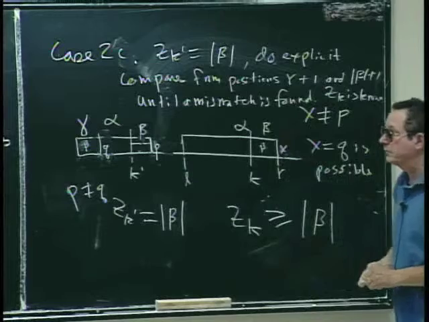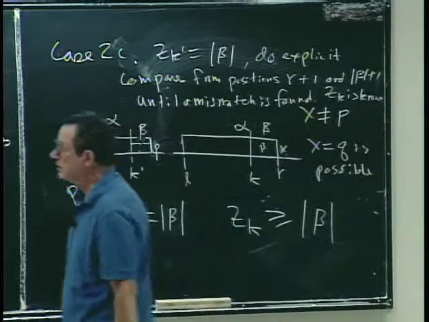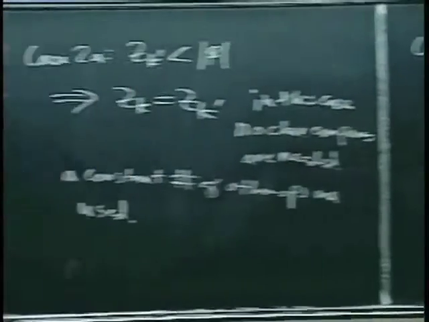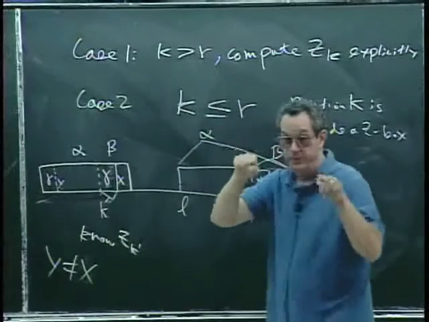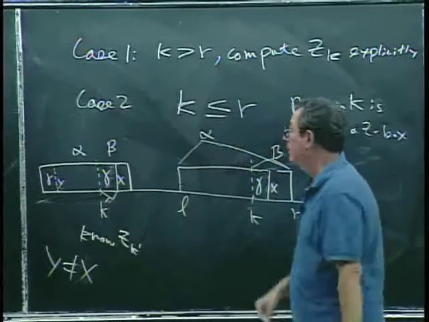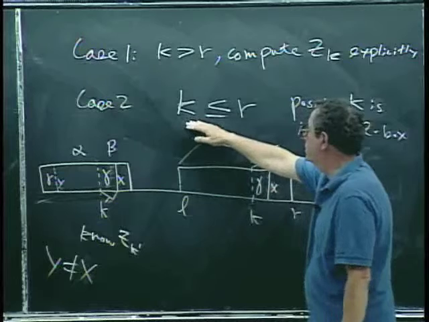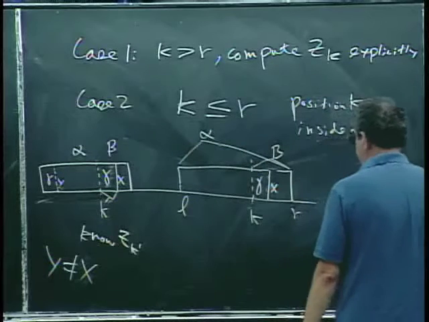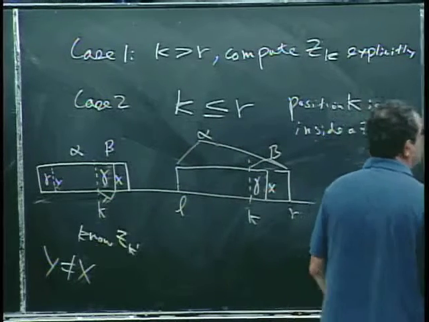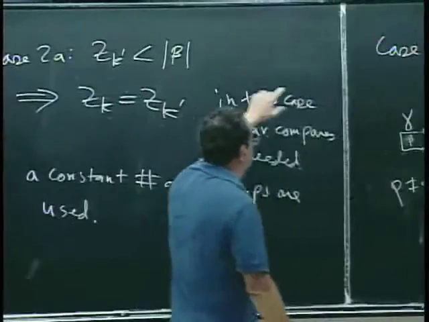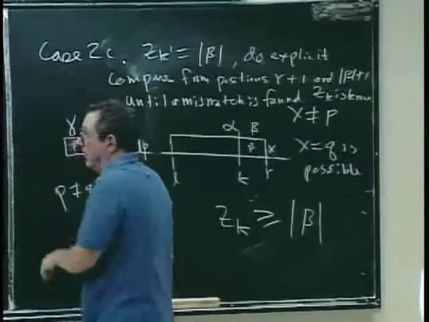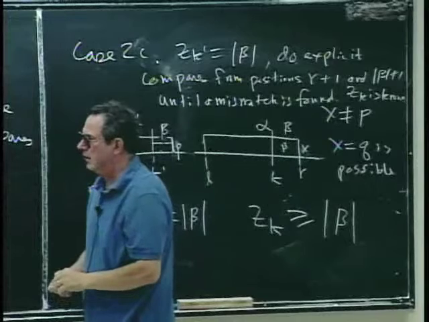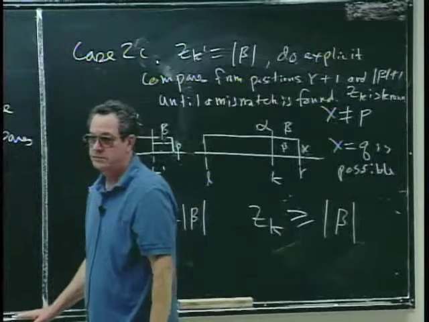In case 1, when k is greater than r, we do the explicit comparisons. In case 2, we only do explicit comparisons when we're in case 2c. And we also had the beginning case, when i was equal to 2.